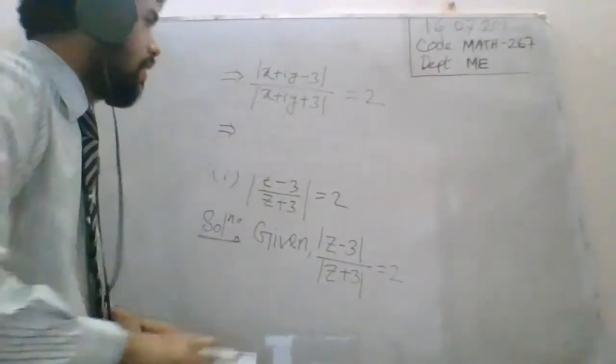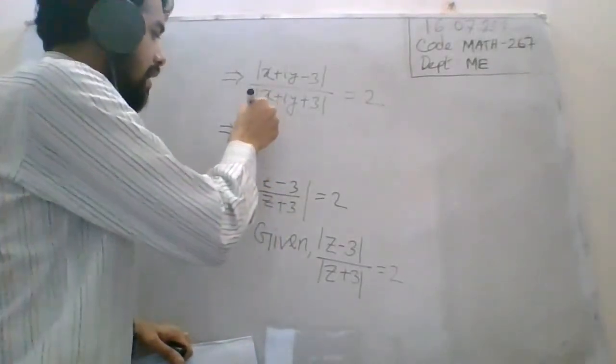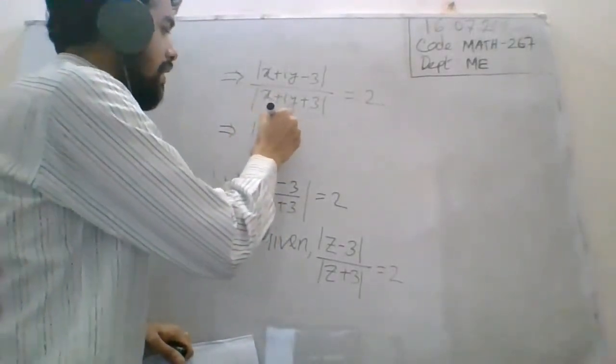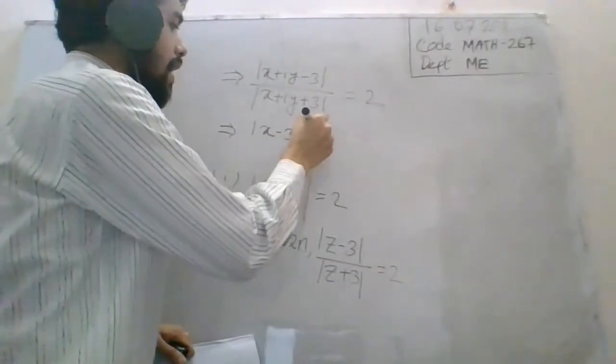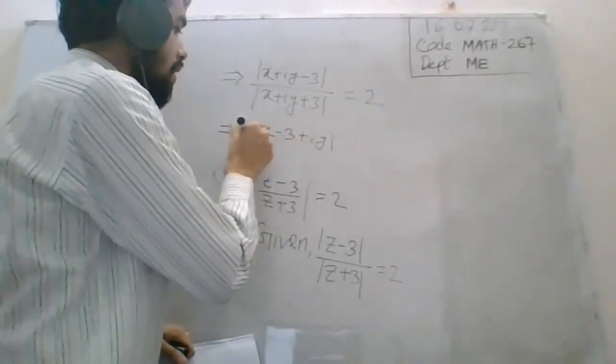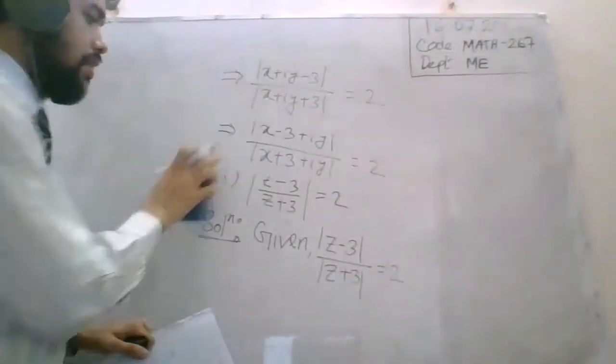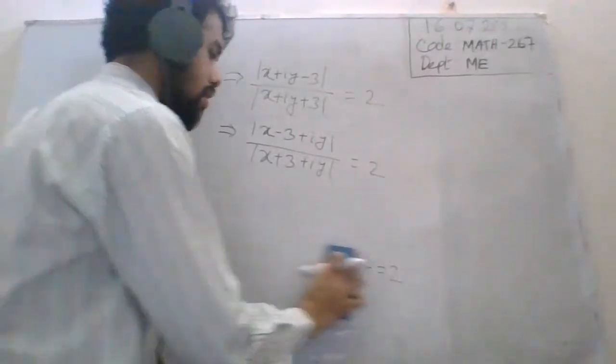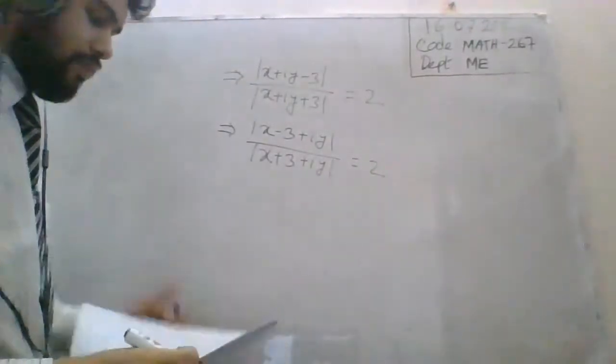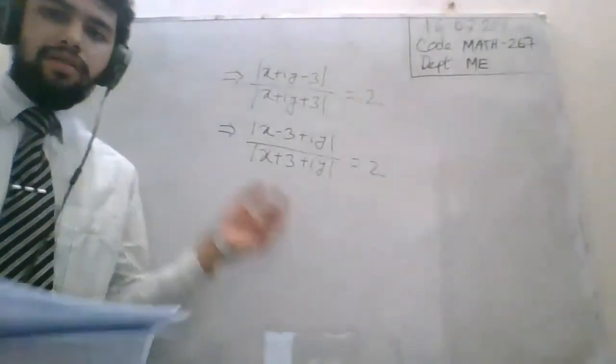Okay. So now I can write it this way, x minus 3 plus iy over x plus 3 plus iy equal to 2. Now you find the root, so we have to find the absolute value.